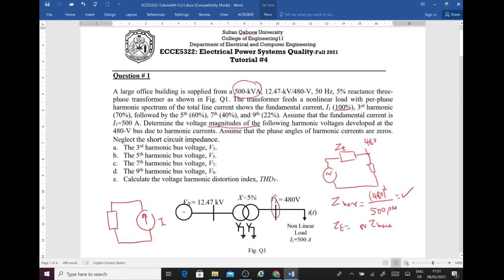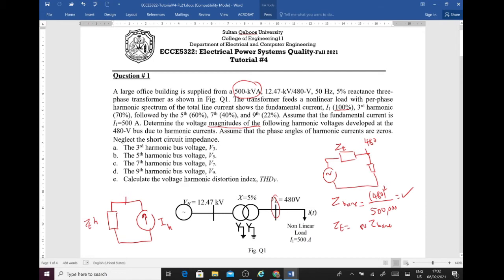So this is the harmonic source, and that is the transformer impedance, which will be Z times h, because it is mainly inductive.